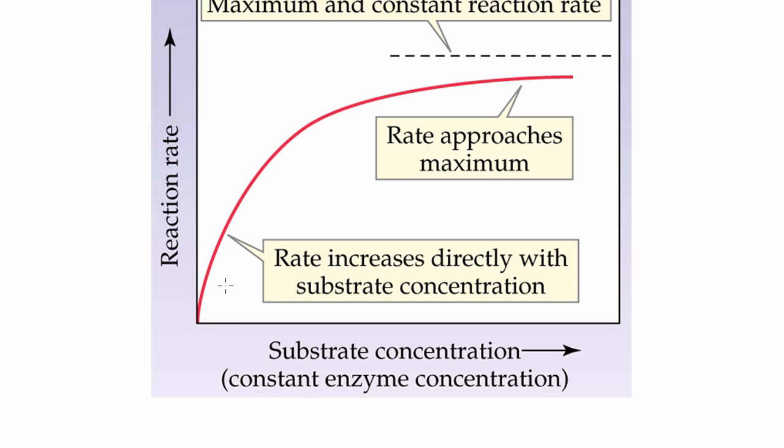So in this range here, we have a linear relationship. As the substrate concentration is increased, though, we see that the rate tends to drop off, as more of the active sites are occupied.